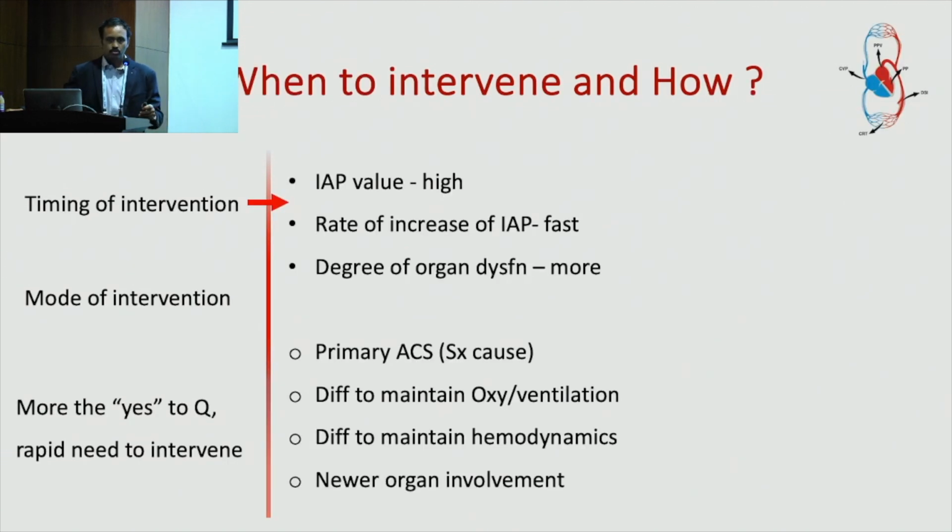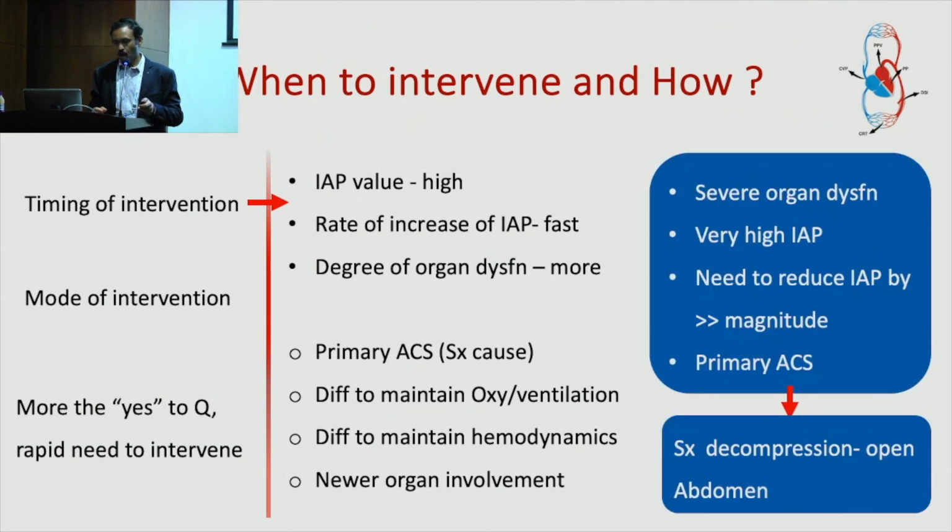There is no doubt about the timing of intervention: when the pressure is very high, the rate of increase is very high, 20, 25, 30, drastically increasing, and it is a surgical cause for abdominal compartment syndrome, and it is difficult to maintain hemodynamics, ventilation or oxygenation. If the answer to these questions is yes, that is the time you should start intervening in these patients.